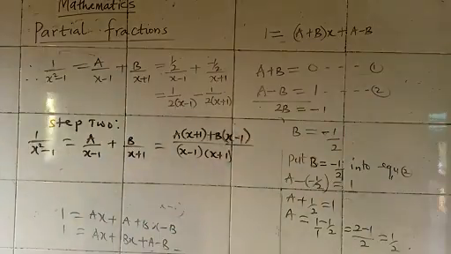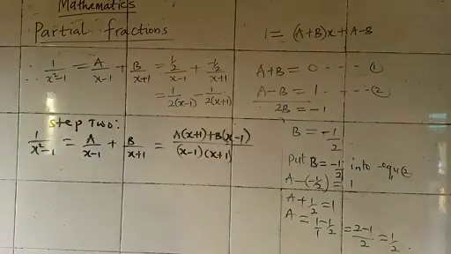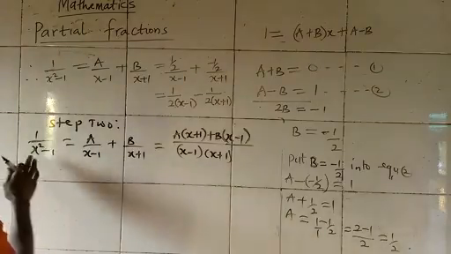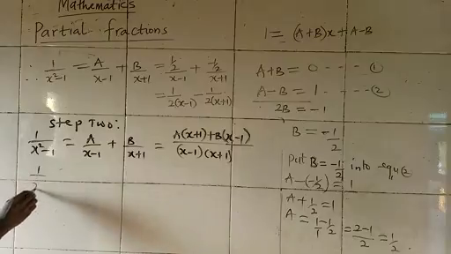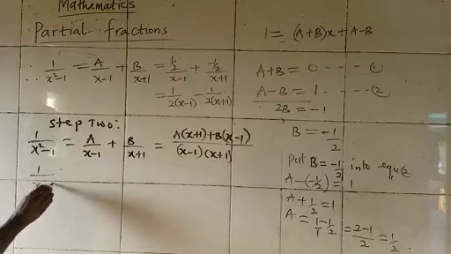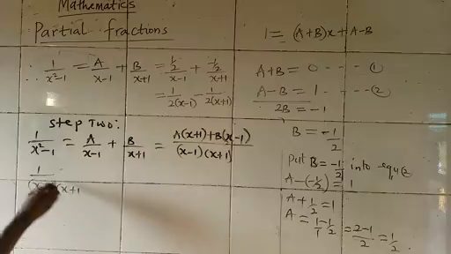If you can take your mind back, this is the way we were having it before. Now, what can we do here? Remember I told you that you can as well bring these 2 down, and you can factorize here, because 1 over S minus 1 and also S plus 1.